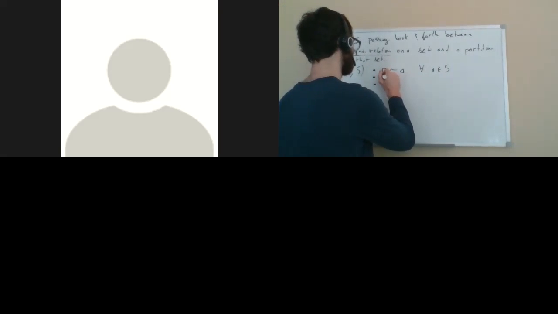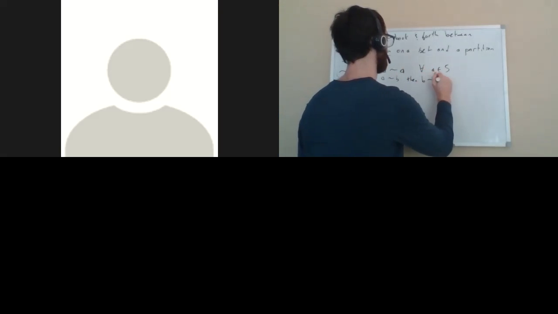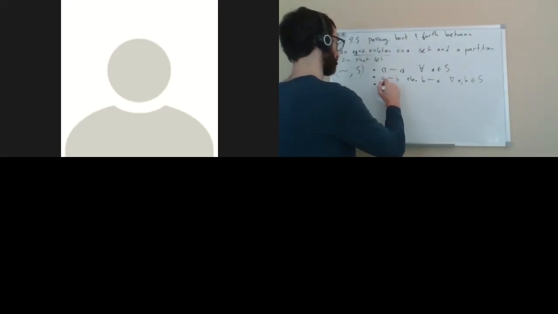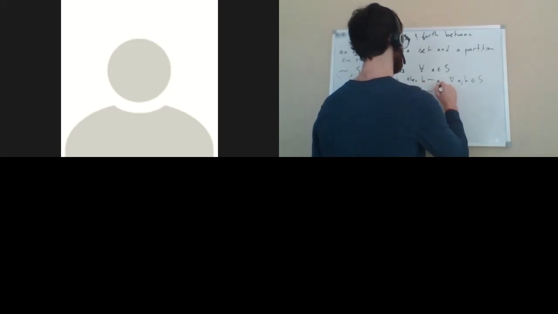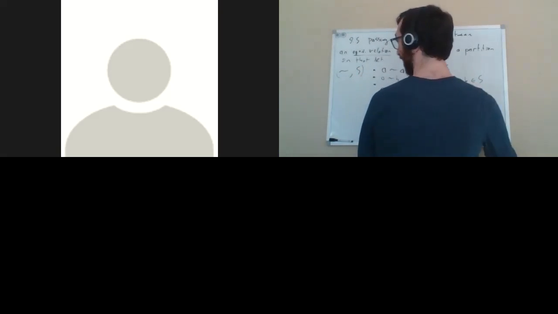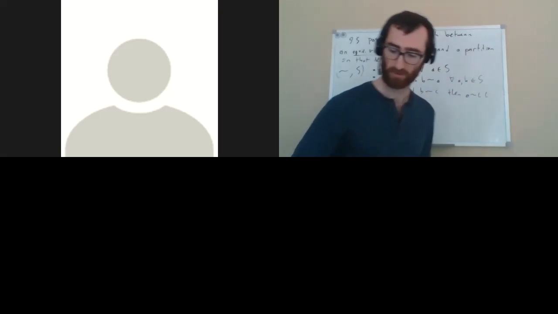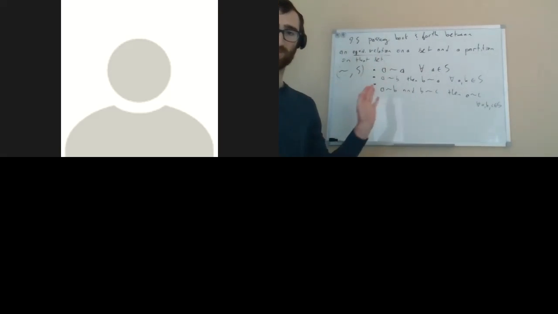Symmetric is that if A is related to B, then B is related to A for all A, B in S. And the last one is if A is related to B and B is related to C, then A is related to C, for all A, B, C in S. So these are the conditions that we're familiar with for an equivalence relation. Is that okay?